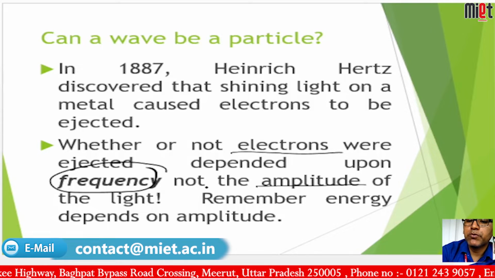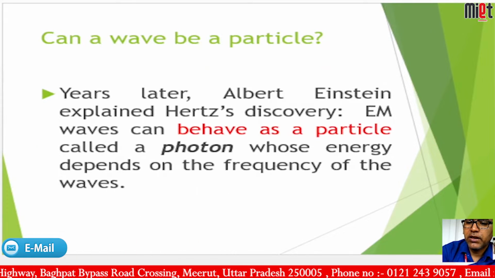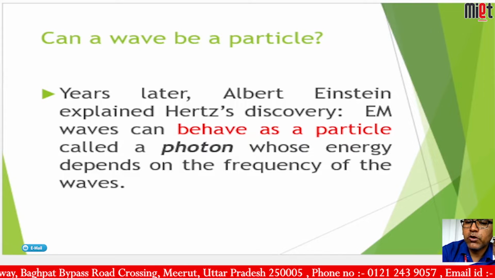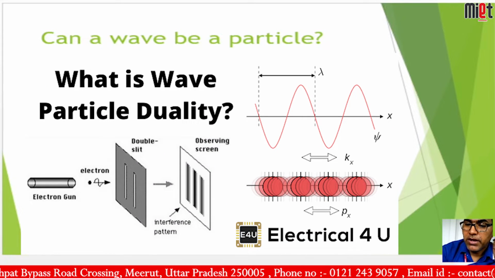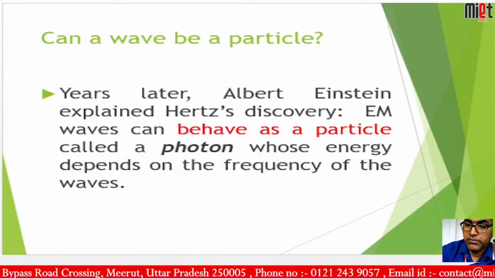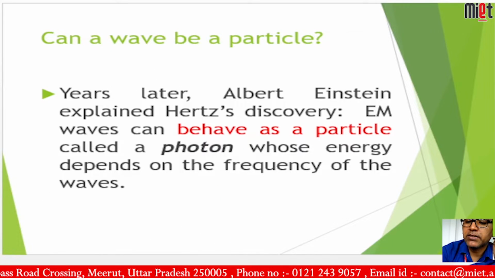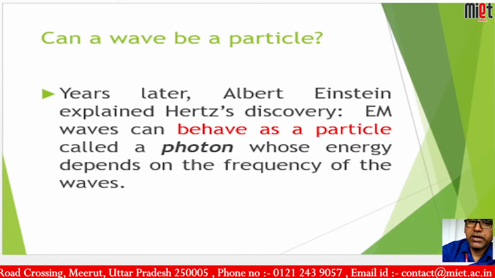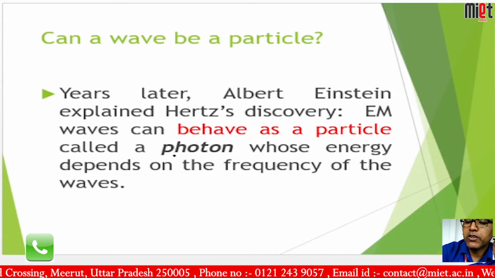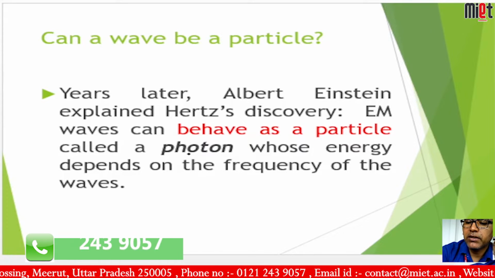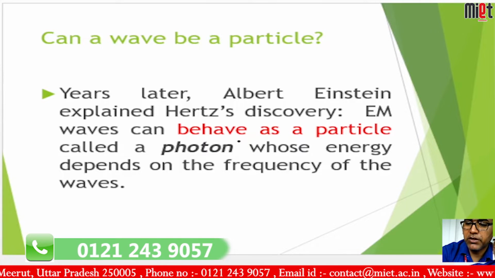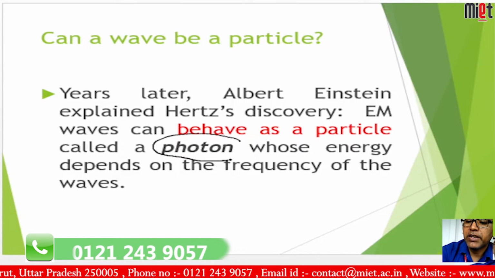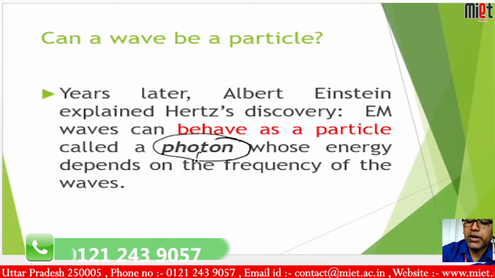This finding was further explained by Albert Einstein, who said that a wave can behave as a particle. When light is incident upon a metallic surface, it ejects an electron, and that ejected electron having some energy is called a photon.